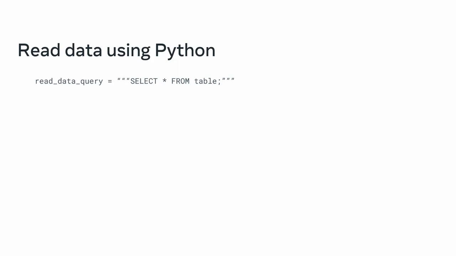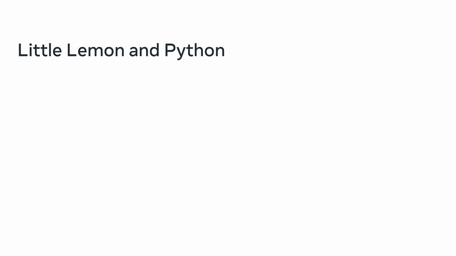Make sure that it's written within quotation marks to convert it to a Python string. Little Lemon can use a read data query string object to retrieve all data from their bookings table. They just need to write the select query as a Python string, then use the execute module from the cursor object.